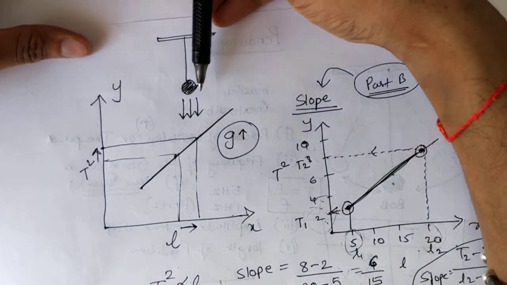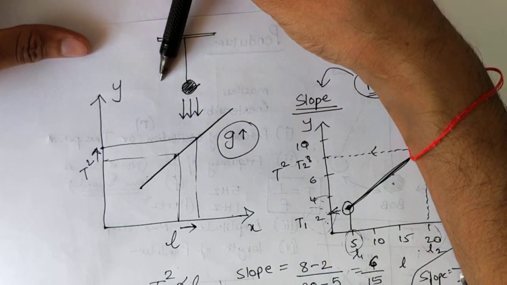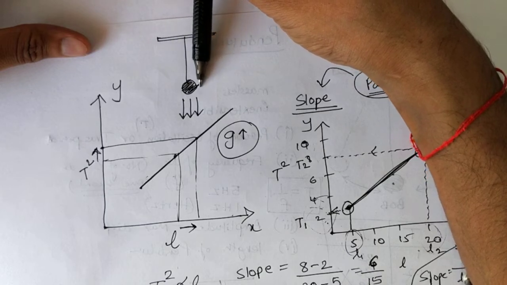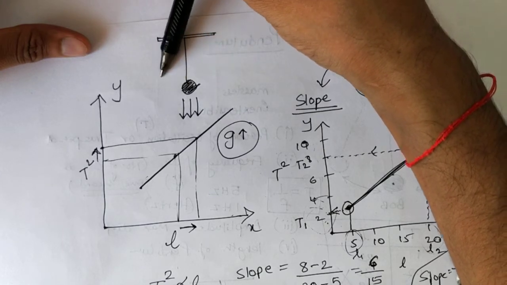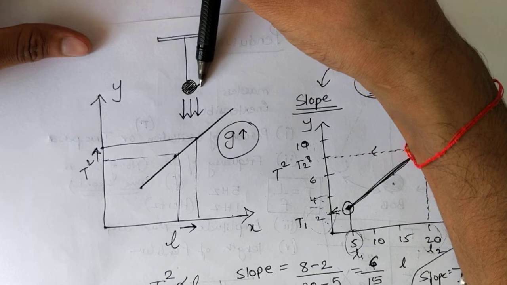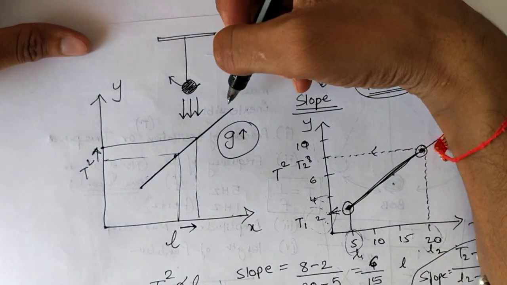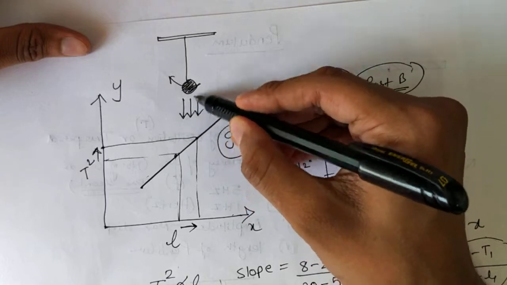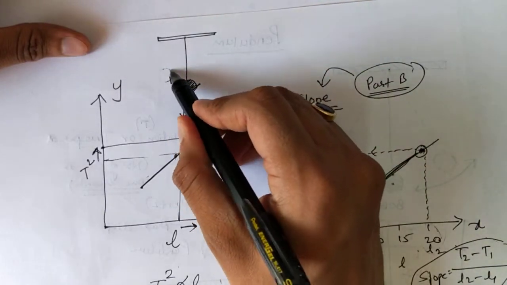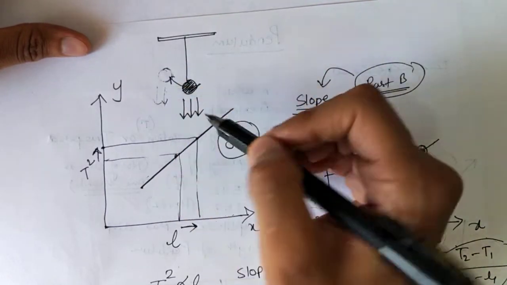So if I push, the pendulum will try to go to the left end, then to the right end, correct? The pendulum moves like this. But when the pendulum goes here, because the gravity is more, it will pull the pendulum downwards.